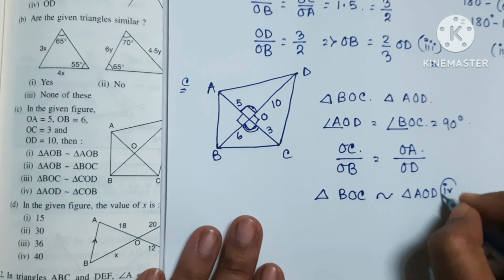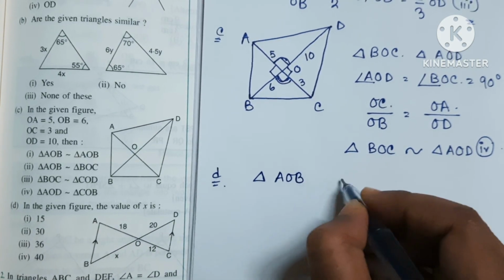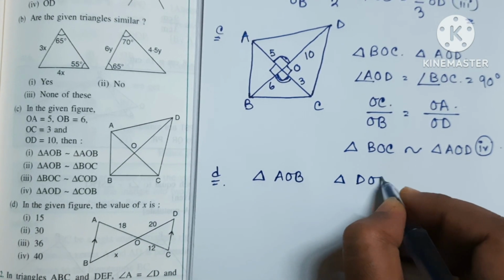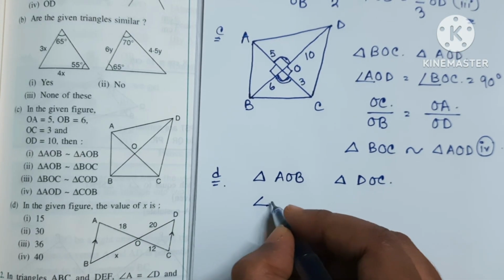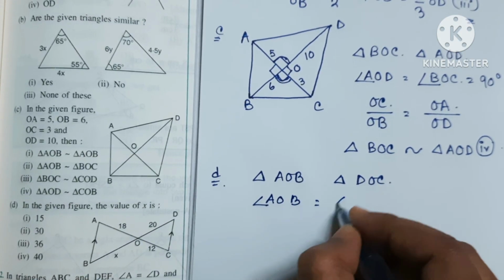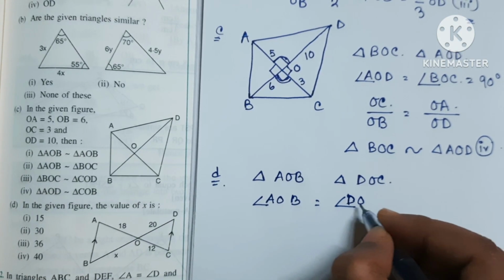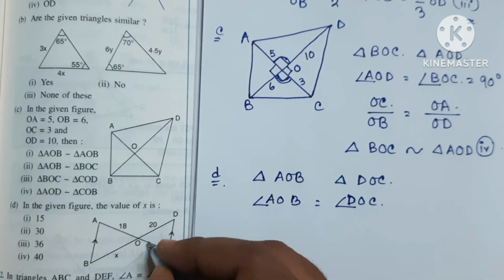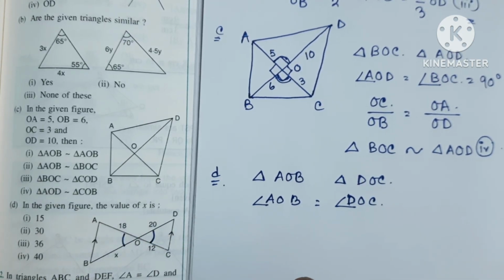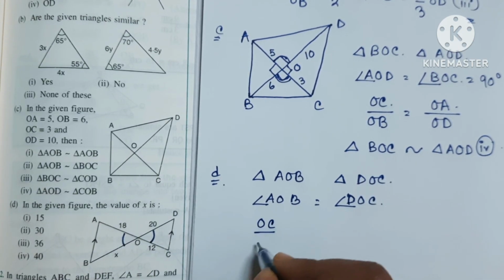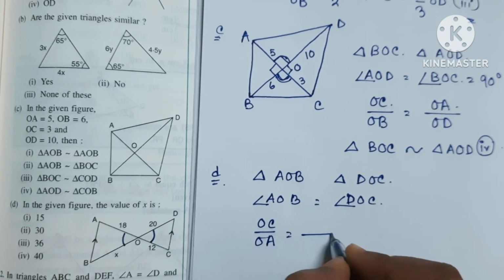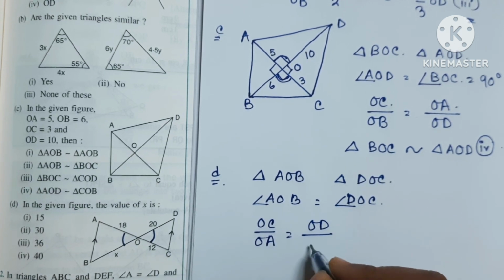Triangle AOB and triangle DOC. Angle AOB is equal to angle DOC. This angle and that angle are equal. OE by OA is equal to OD by OB.